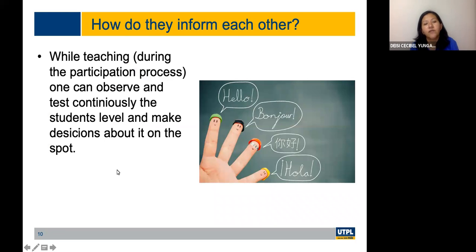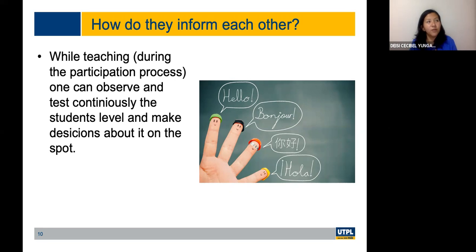Finally, how do they inform each other? This is a quite simple and difficult question, since while teaching, during the participation process of the students, one can observe and test continuously what the student level is, and make decisions about it on the spot.